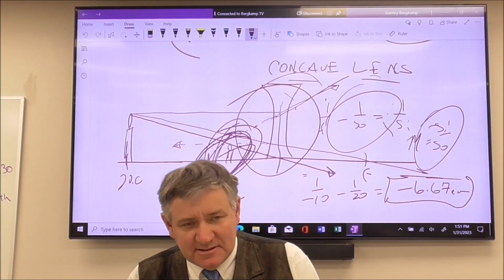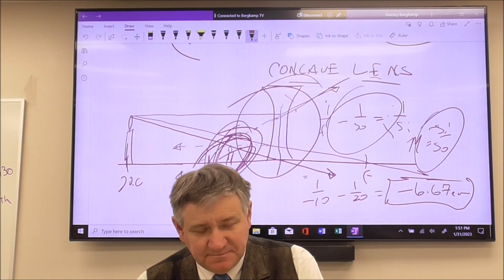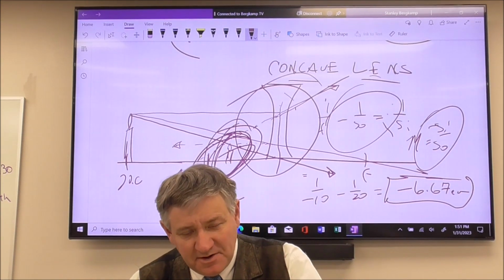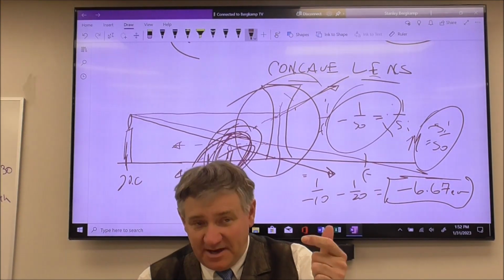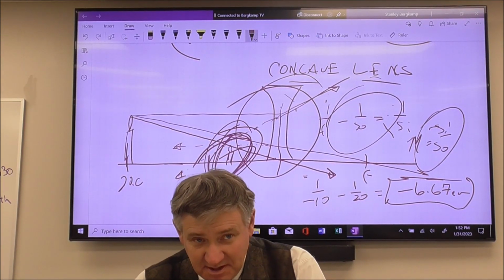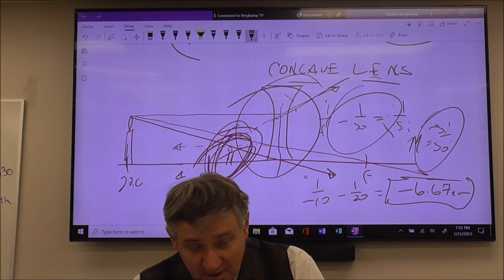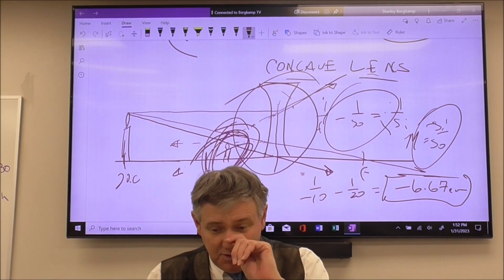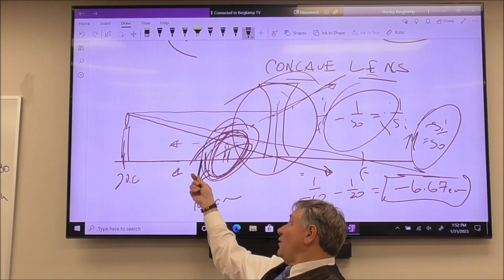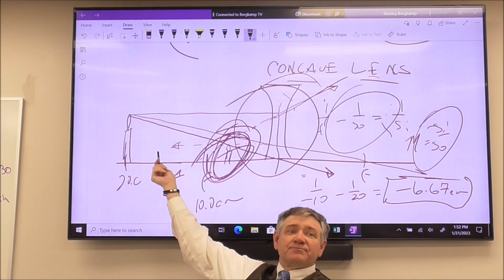The main thing is, here's what I'm going to look for. Can I clearly see where the object is? Can I clearly see where the image is? Can I clearly see where the focal points are? And is it relatively close to what it should be? So if you draw this, and the focal point's here, and you have the image out here, that's a train wreck.